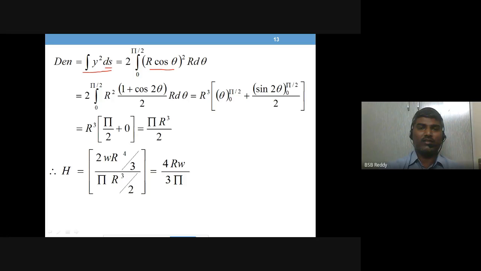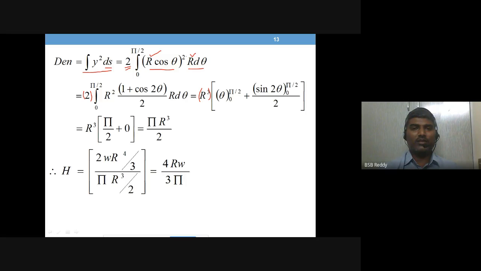What is ds? R d theta. So r square and r, r cube will come out. The 2 is introduced because of symmetry in the geometry, so 2 is already there outside.